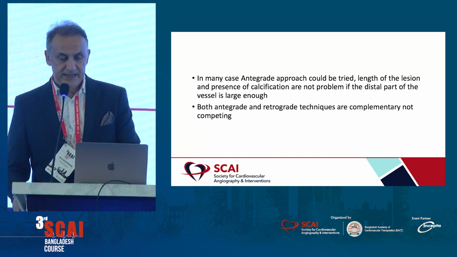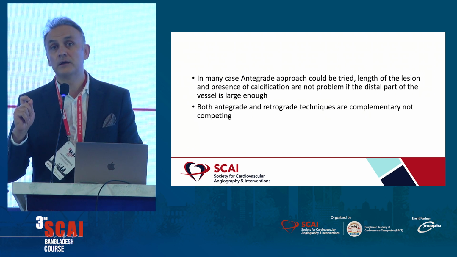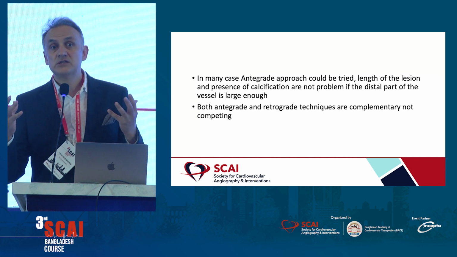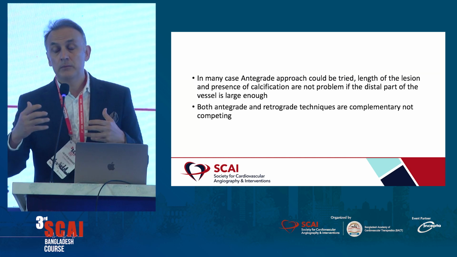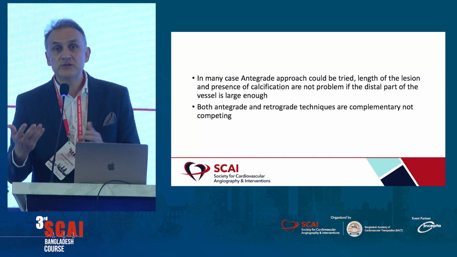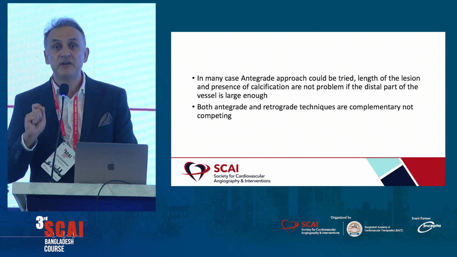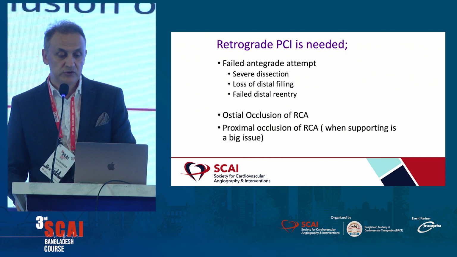Ostial occlusion of RCA and proximal occlusion of RCA. You may have a proximal occlusion, but to cross the lesion, you definitely need support from the guiding catheter. If you don't have any side branch for anchoring, or if the support will be very weak, you had better start with the retrograde approach.